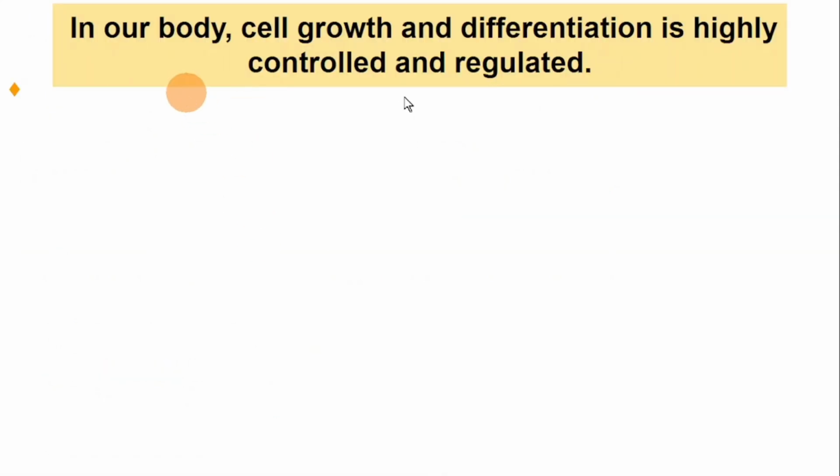So first things first, you will come across this term, control, with respect to cancer. A normal cell will show the property of contact inhibition. It will stop dividing once it forms the required number of cells, and they will differentiate into the tissue type. But in case of cancer cells, there will be uncontrolled growth and a lack of differentiation.